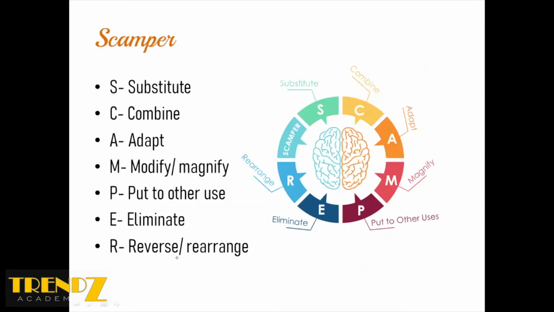Okay, so another one is SCAMPER, where S stands for substitute, C stands for combine, A stands for adapt, M stands for modify, magnify, P for put to other use, E stands for eliminate, R stands for reverse or rearrange.